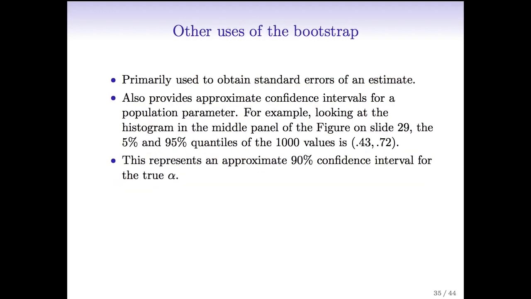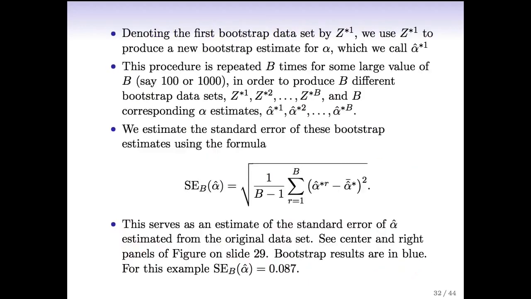So we talked about the bootstrap for standard errors, and that's the main use of the bootstrap: to estimate the standard errors of an estimate, like the alpha hat in our investment example. Another very common use of the bootstrap is for a confidence interval. So let's go back to the confidence interval for a parameter. Let's go back to slide 29.